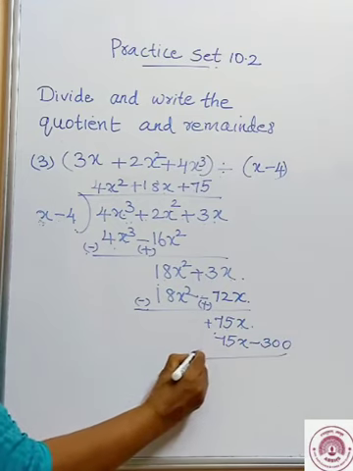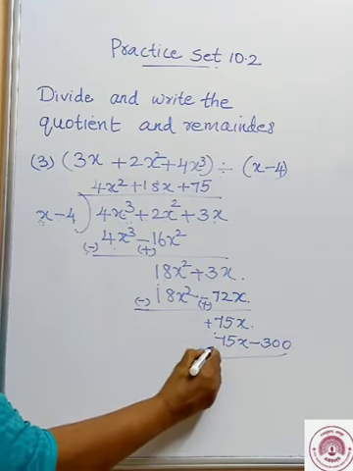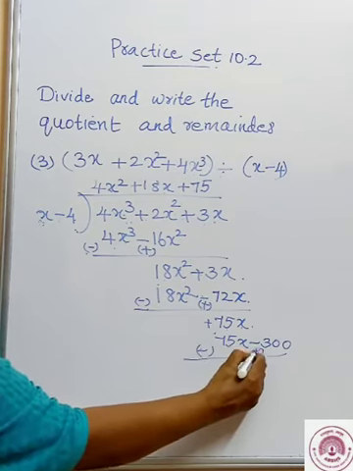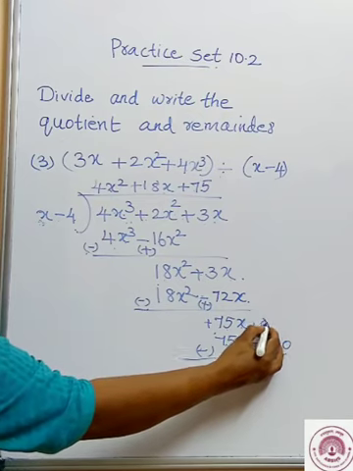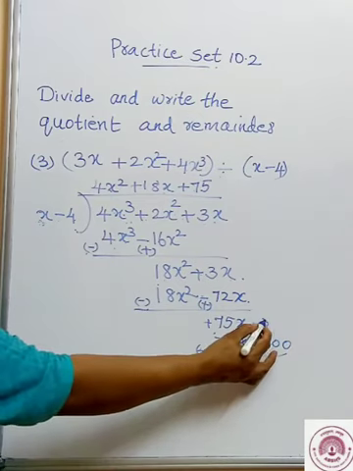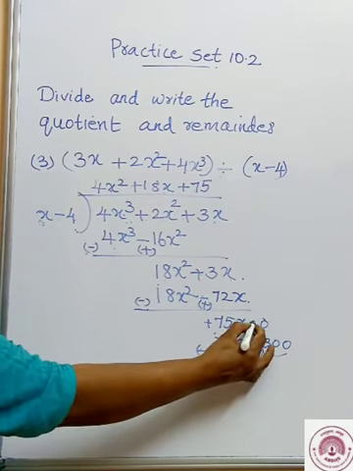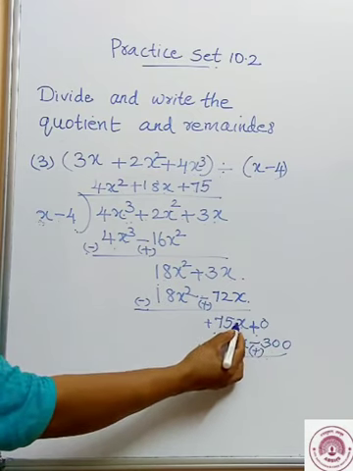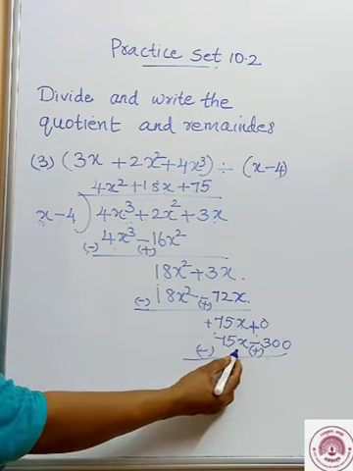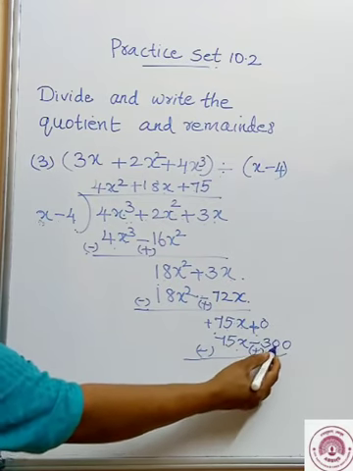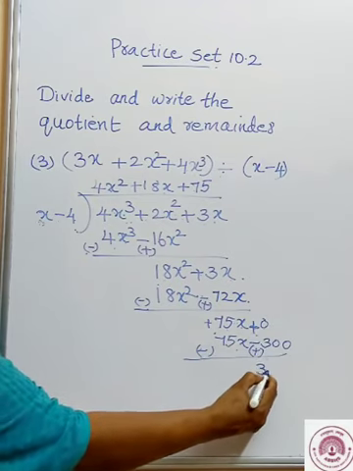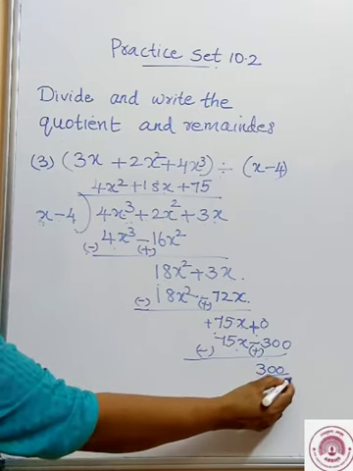Again subtraction, sign will change, here minus and here it will become plus. If you want you can write 0 here because there is no constant term, 0 only. Now again subtraction, 75x minus 75x is 0, plus 0, that is 0 only, and plus 300. So here we get 300 as the remainder.